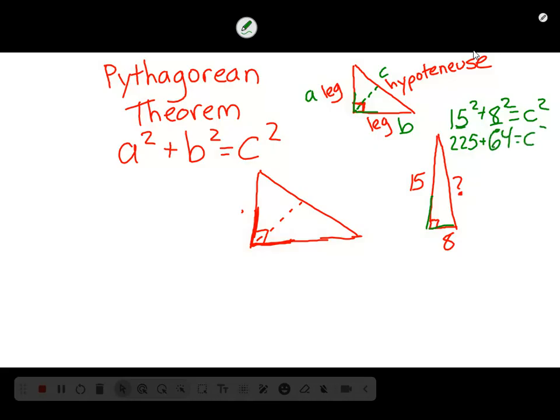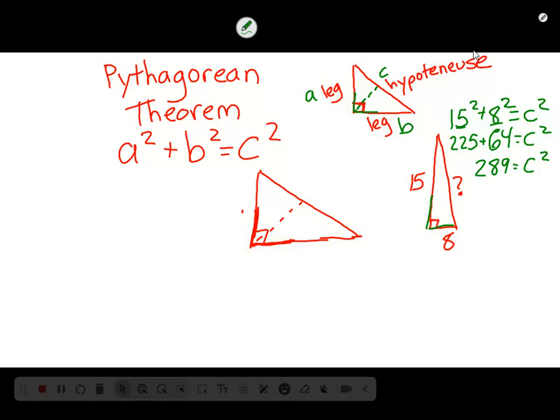That equals C squared. What is 225 plus 64? 289 equals C squared. So what is C?